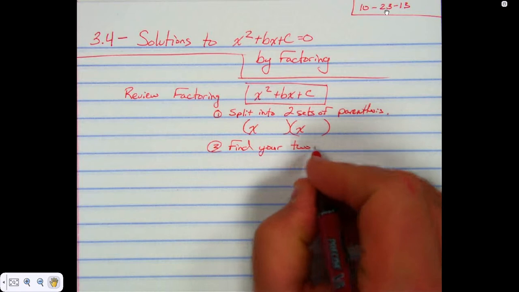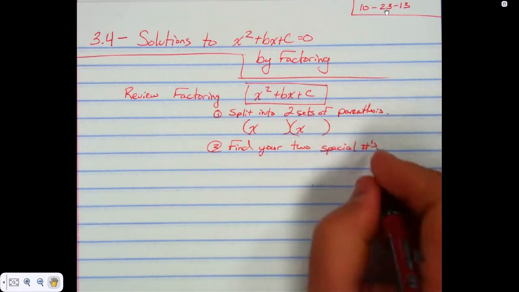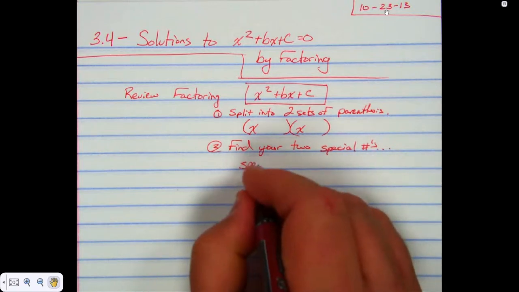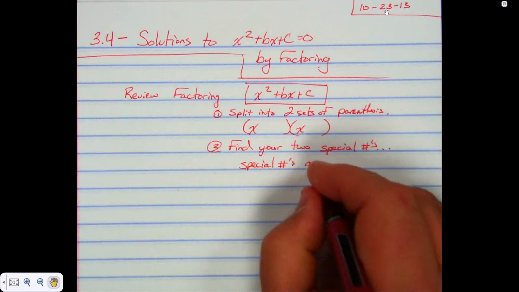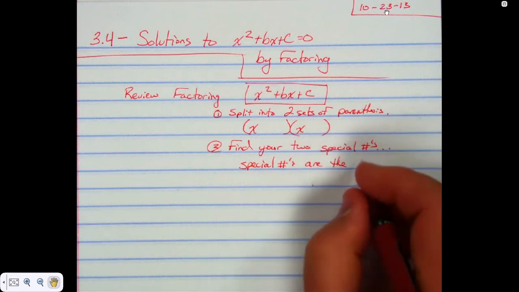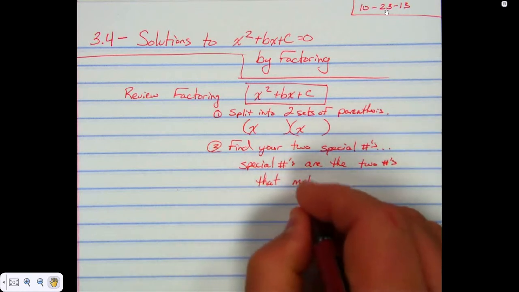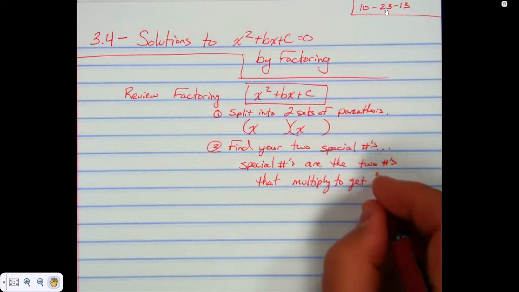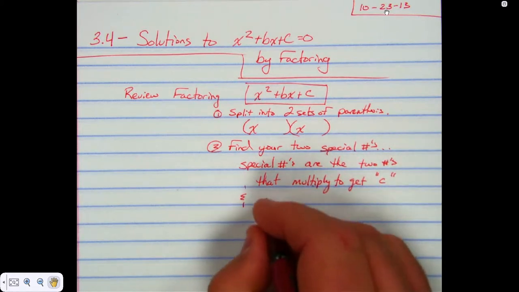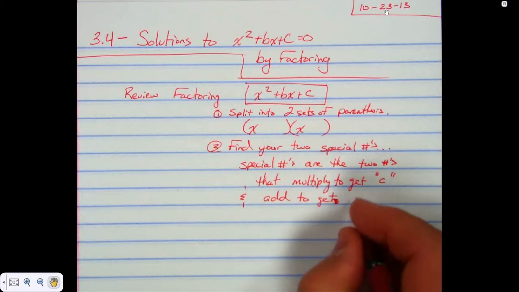Find your two special numbers. Your special numbers, because you guys are going to have to get used to this, are the two numbers that multiply to get c and add to get b.